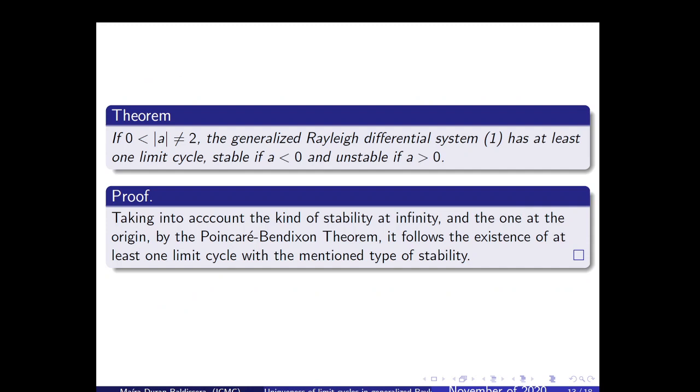Then, using the Poincaré-Bendixson theorem, because we have a compact surface, we can understand the general behavior of the solutions, because we know that the solutions only go to a limit cycle or a singularity, and we conclude that the system has at least one limit cycle in these conditions.